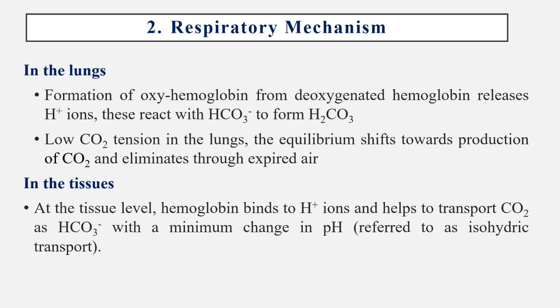With low carbon dioxide in the lungs, the equilibrium shifts towards production of carbon dioxide, which is eliminated through air. At the tissue level, hemoglobin binds to hydrogen ions, and it helps to transport carbon dioxide as bicarbonate with minimal change in pH. This is called isohydric transport.